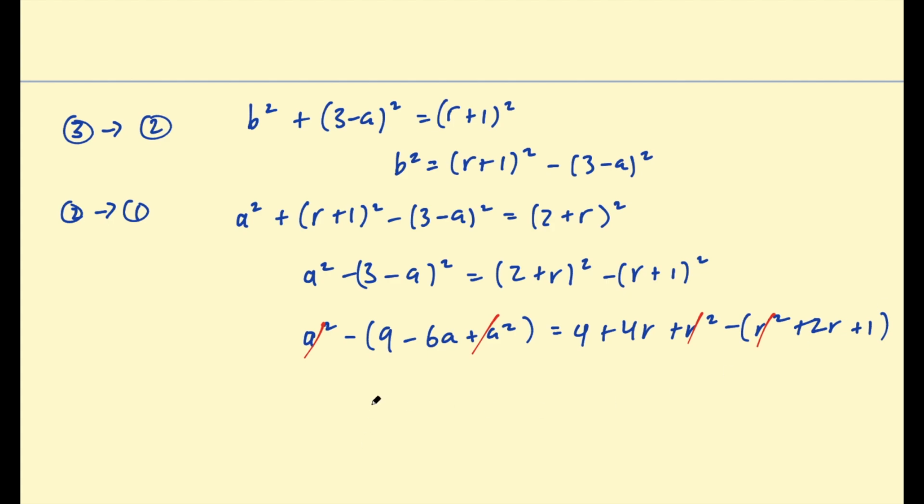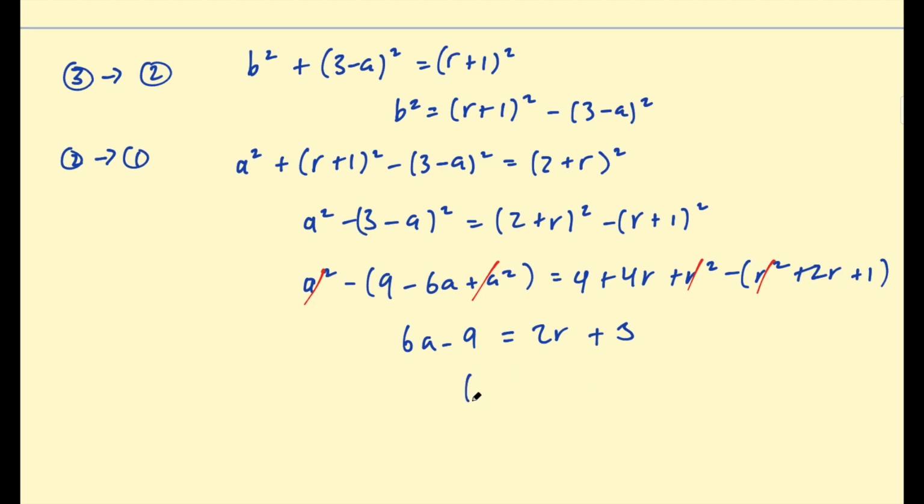We end up with 6a take 9 equal to 4r take 2r, 2r plus 3, right? Hopefully I haven't made a mistake there. And then add the 9 to the right hand side, so this is 6a equal to 2r plus 12.